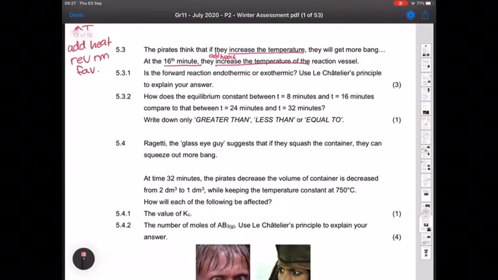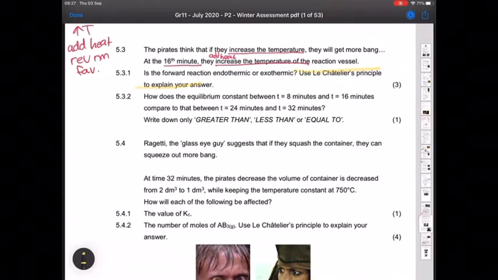So that's what you had to say for 5.3. According to Le Chatelier, because the question did ask you to use Le Chatelier's principle to explain your answer, you have to make reference to Le Chatelier. According to Le Chatelier, an increase in temperature favors the reaction which decreases the temperature, so the endothermic reaction.